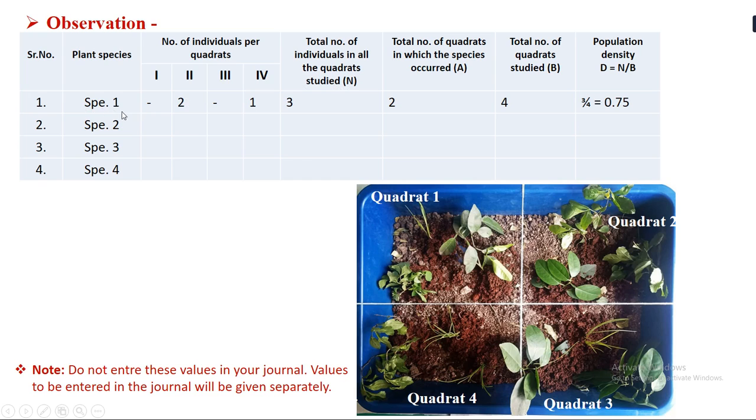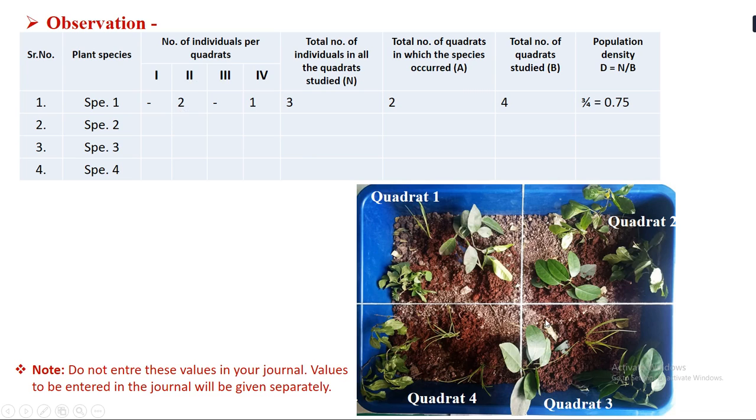If you see species number 1, the first species is Duranta. This is the Duranta plant, for your information, in these quadrants. In the first quadrant there is no Duranta, so I have put no value over here. In the second quadrant, there are 2 Duranta, so I have put 2.